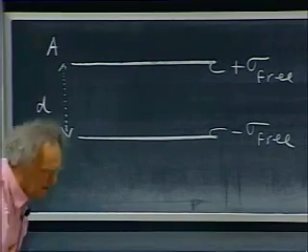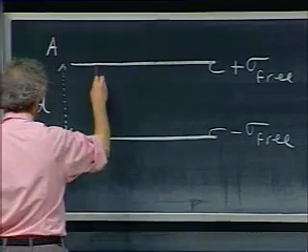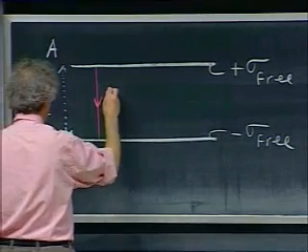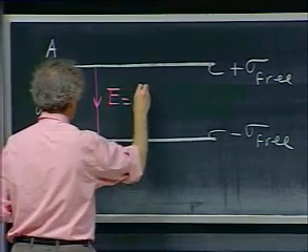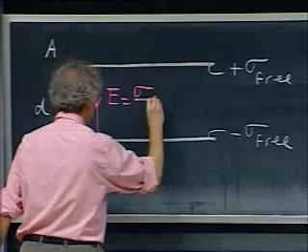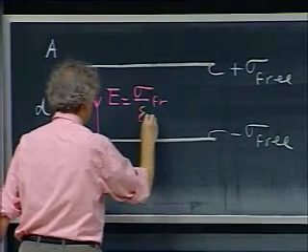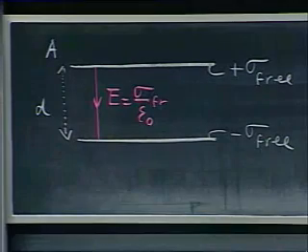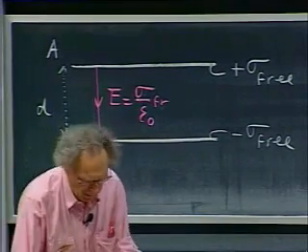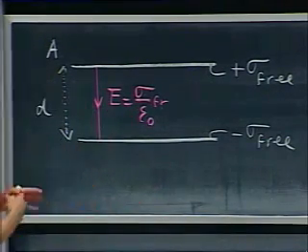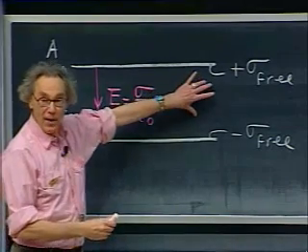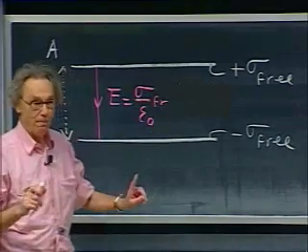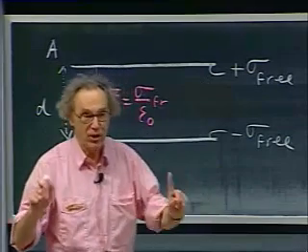So at the beginning it's going to be boring. We know that the electric field here is going in this direction. And that electric field is sigma free divided by epsilon 0. This free goes with the sigma. I charge it up using a power supply. And now, and this is crucial, I disconnect the power supply.